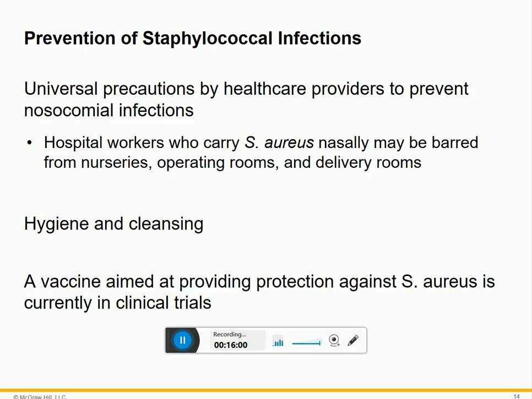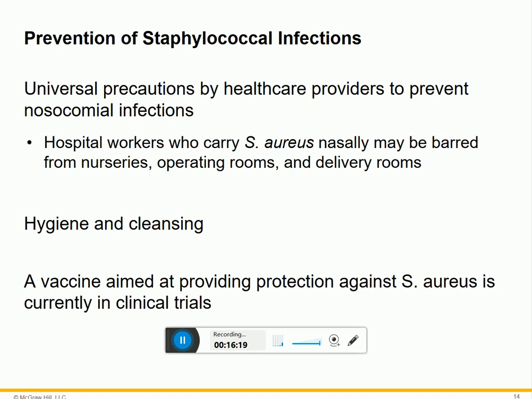So how do we prevent staphylococcal infections? Remember, this is found on our skin. So make sure that we use universal precautions when we're treating our patients to prevent nosocomial infection. So a lot of staph infections happen in hospital settings, especially in surgical units.